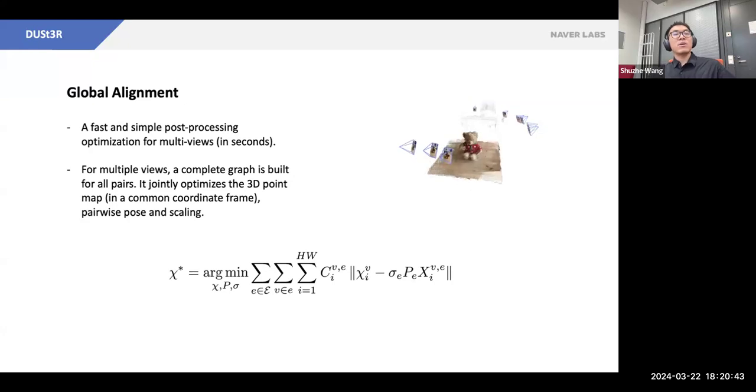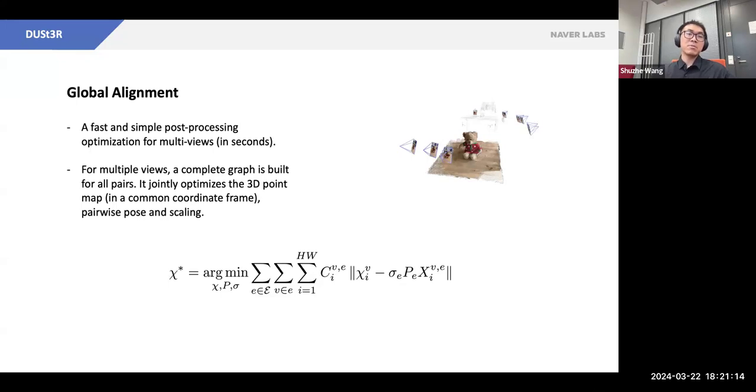Besides that, we also propose the global alignment. In the previous slides, what we were handling is just monocular and binocular stereo reconstruction. If we have multiple views, here we propose a fast and simple post-processing optimization for multiple views. It is super fast and can converge in only 300 steps.